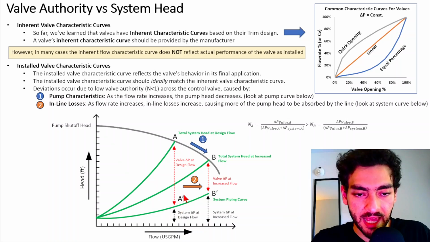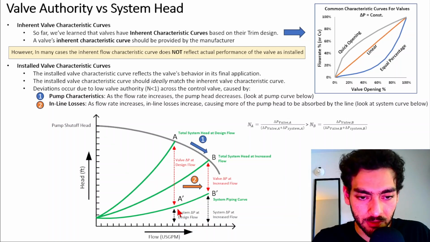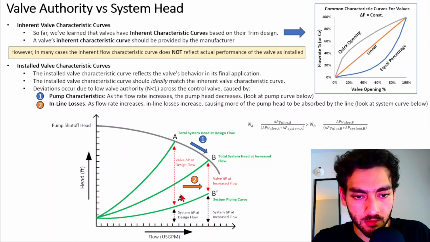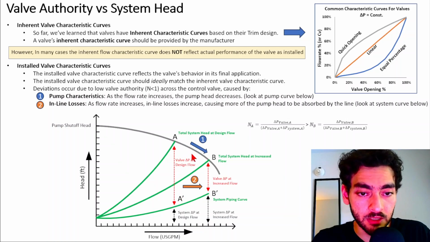So the point A naught represents the piping system pressure drop at this particular flow rate. And if we're operating over here, because we have the control valve installed, that means that all of this pressure drop from point A to point A naught is due to the valve's pressure drop.